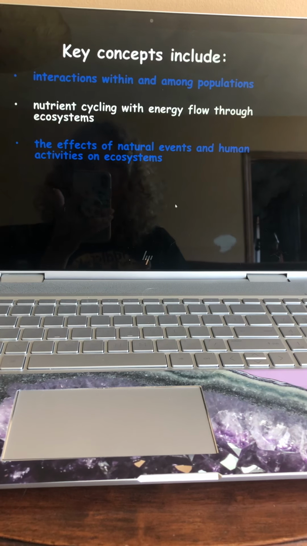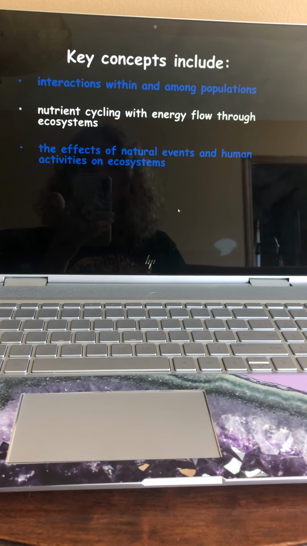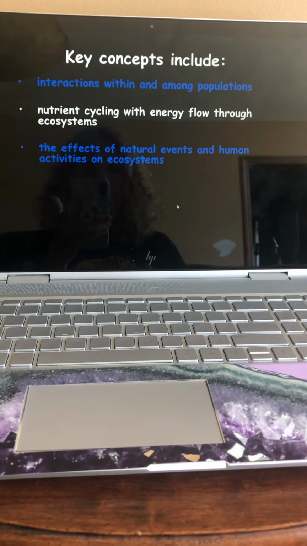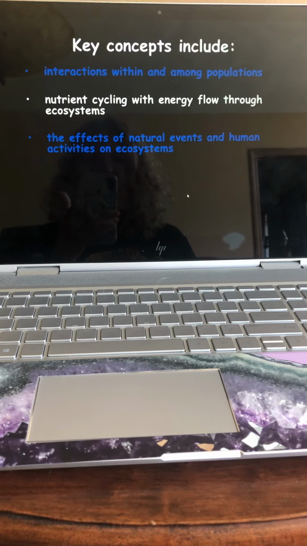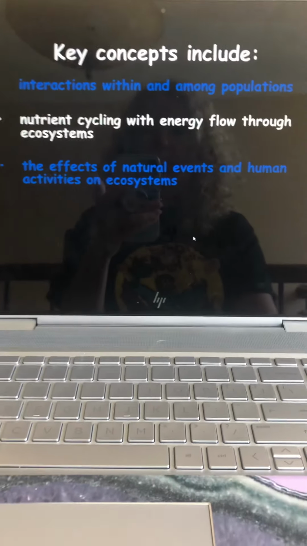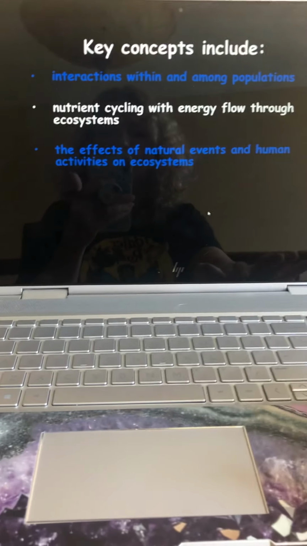So for that, we'll talk about food chains and food webs. And the third one is the effects of the natural events and human activities on the ecosystem. So that would be the negative and the positive feedback that happens.